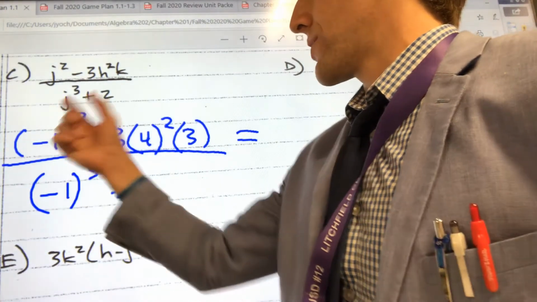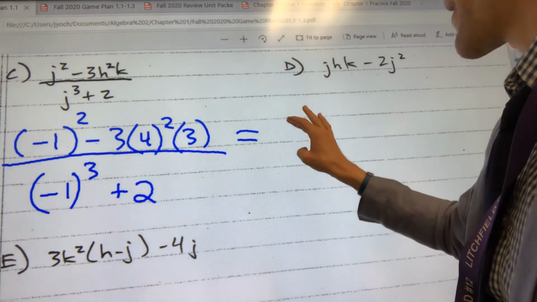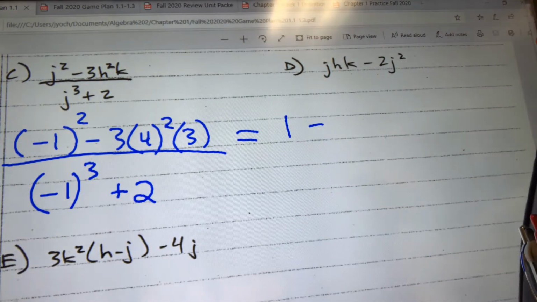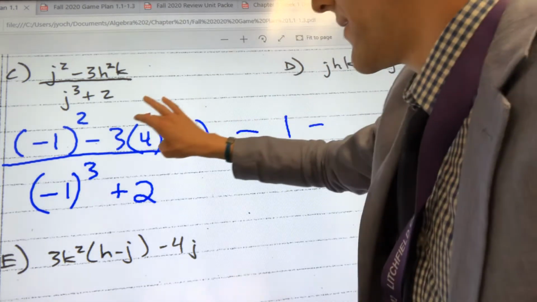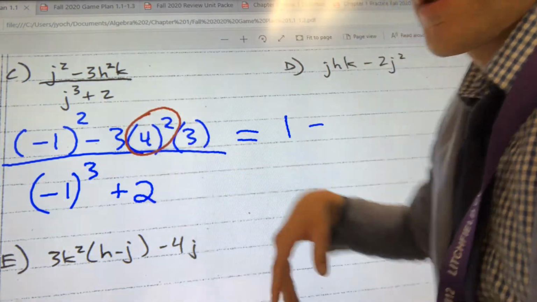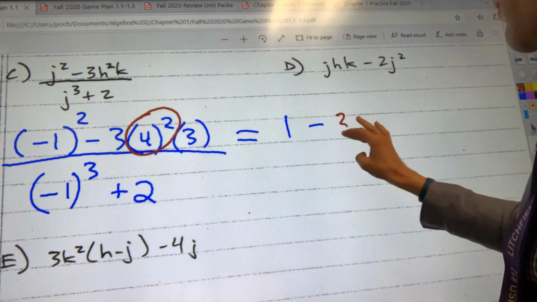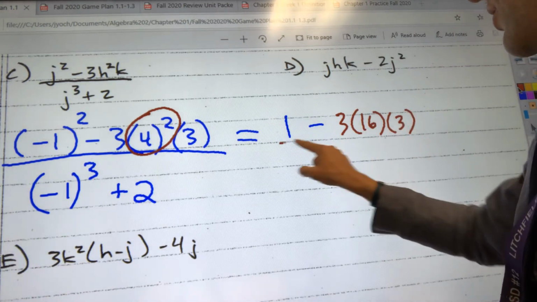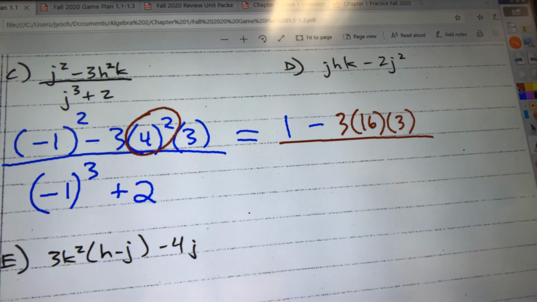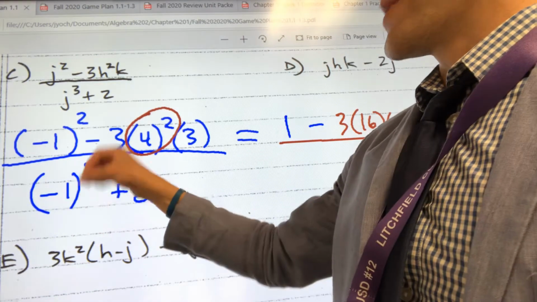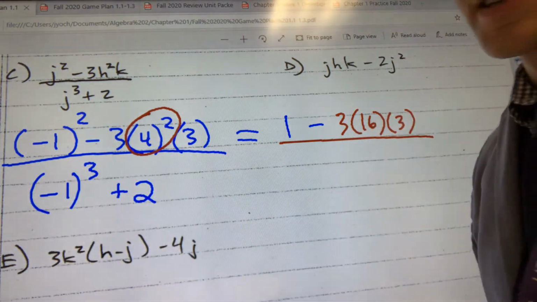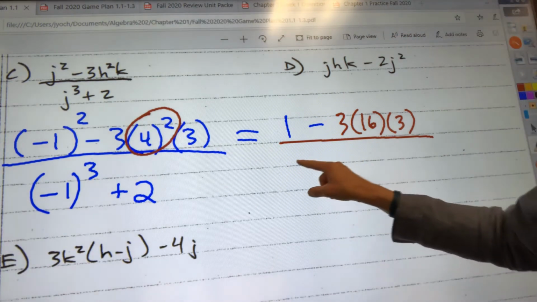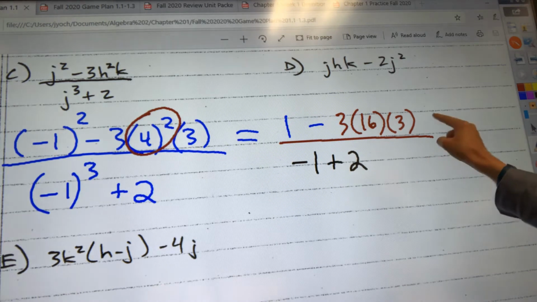So first off, -1 squared is -1 times a -1, which is a +1. Minus, I need to handle this exponent first. 4 squared is 16, so 3 times 16 times 3, all over -1 to the 3rd is -1 times -1 times -1, which is a -1, plus 2.